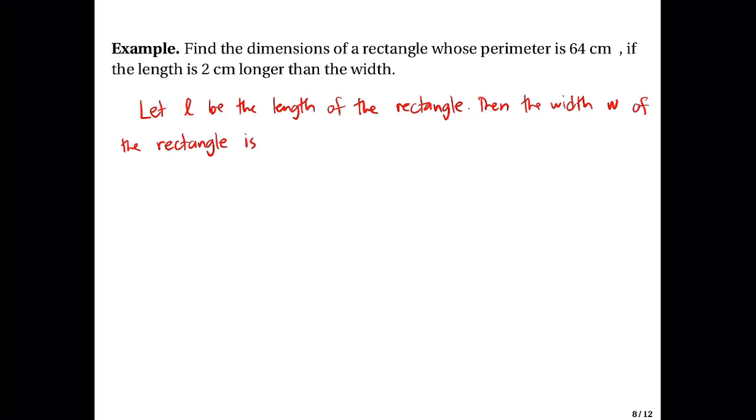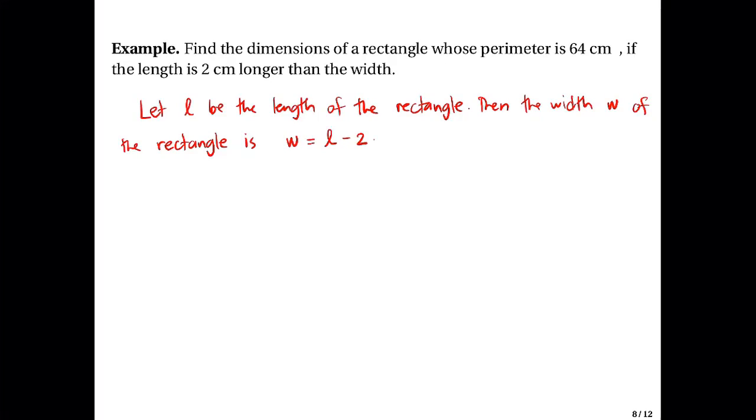So you have your W, this is equal to the length minus 2 centimeters, because the length is longer than the width. So you have the measure for the length, you subtract 2 centimeters, that will be your width.